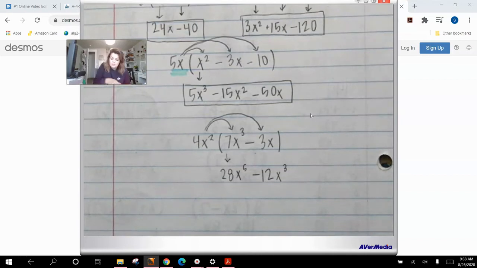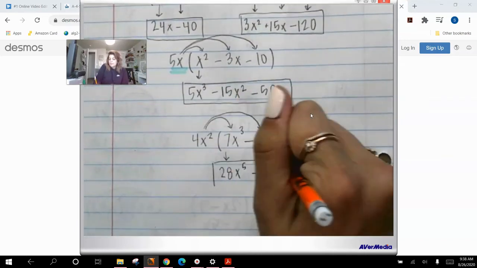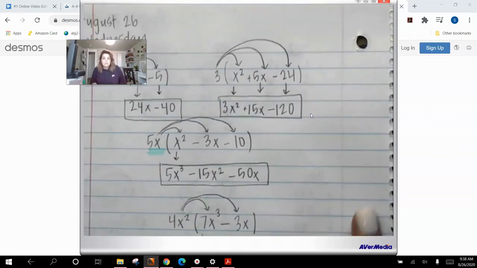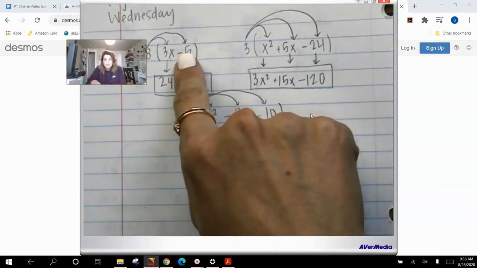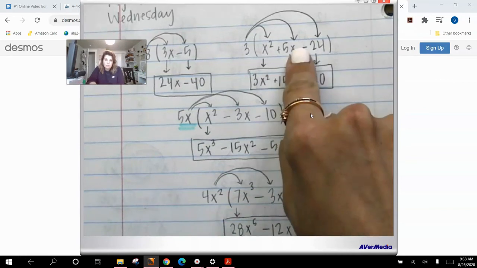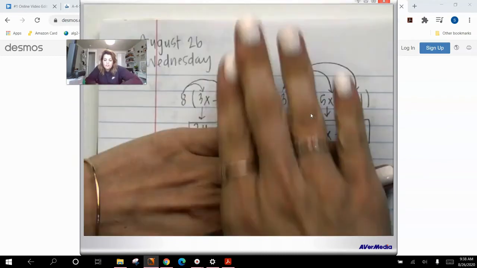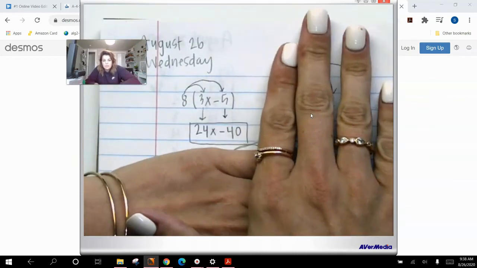So what does this have to do with what we're doing today? What we're doing today is working backward. So in this review, what we did was we multiplied a number into a set of terms inside of parentheses. So I gave you this, and you gave me what is in the box.